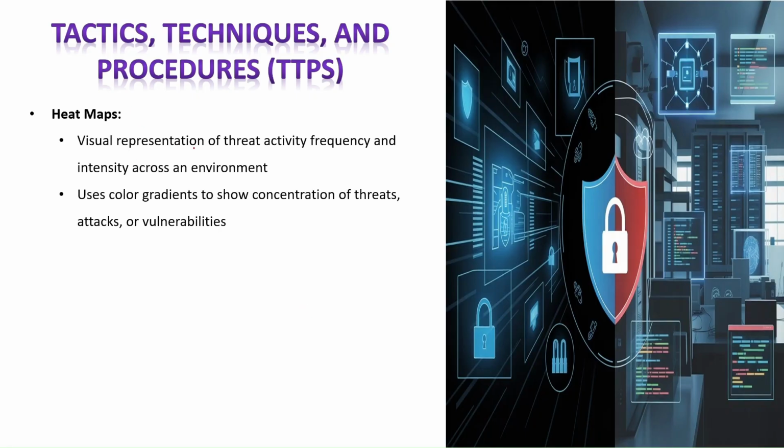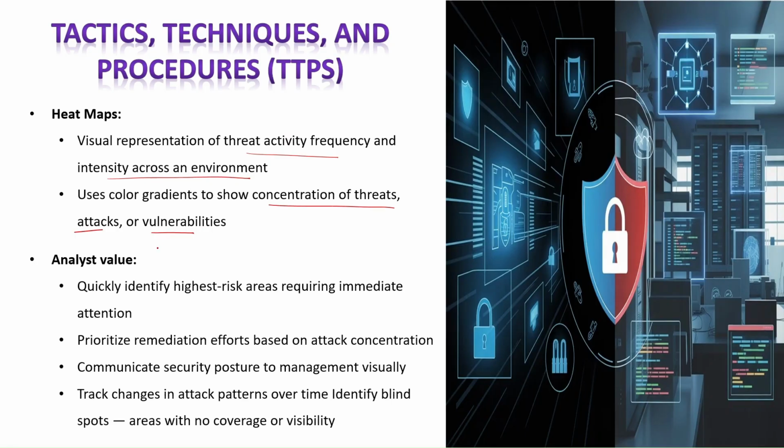Heat maps are visual representation of threat activity frequency and intensity across an environment, and they use color gradients to show concentration of threats, attacks, or vulnerabilities.